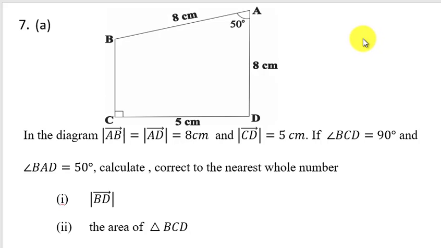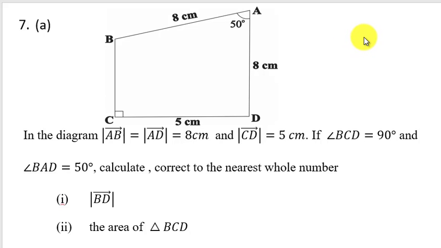If angle BCD is equal to 90 degrees and angle BAD is equal to 50 degrees, calculate, correct to the nearest whole number, I, the magnitude or the length of BD, and II, the area of triangle BCD.